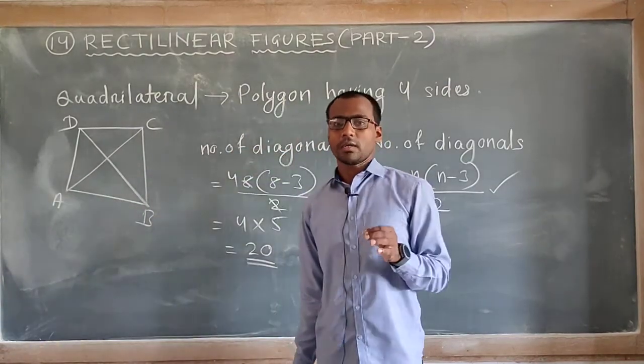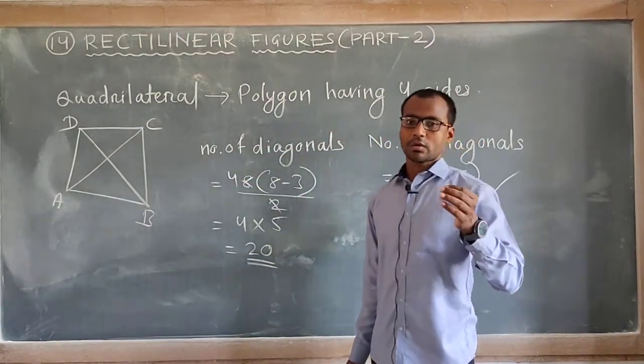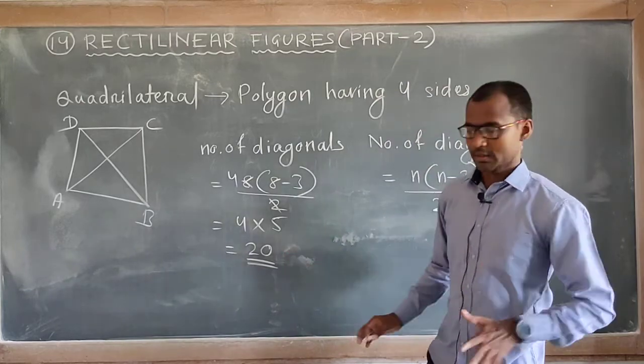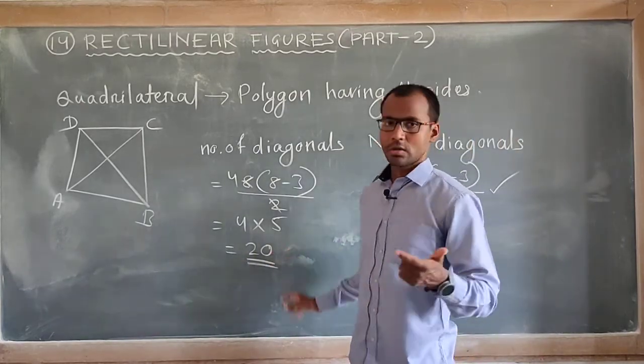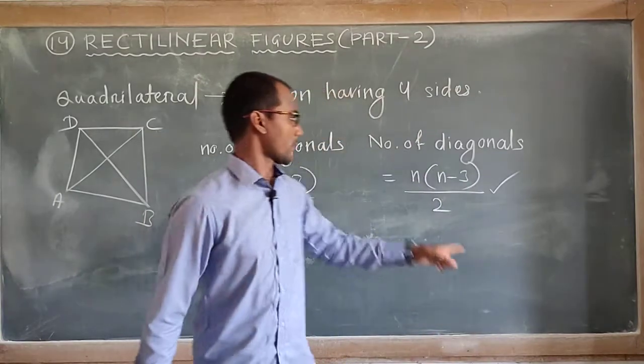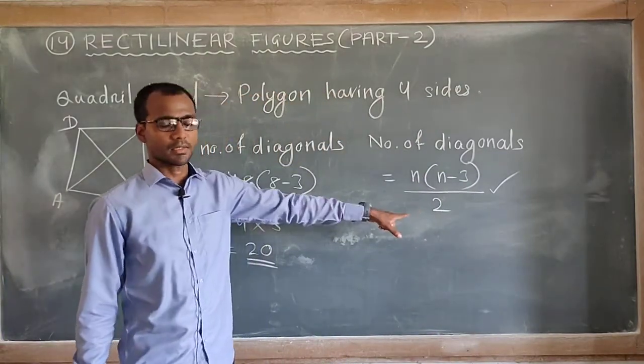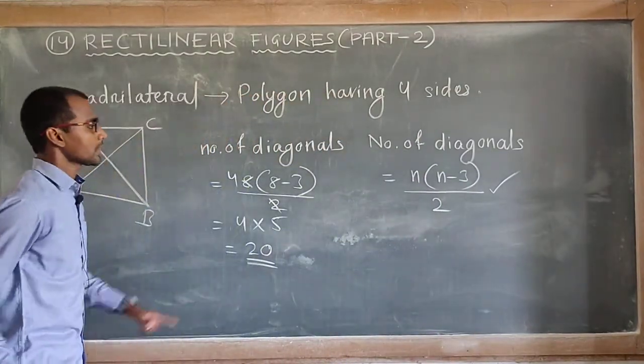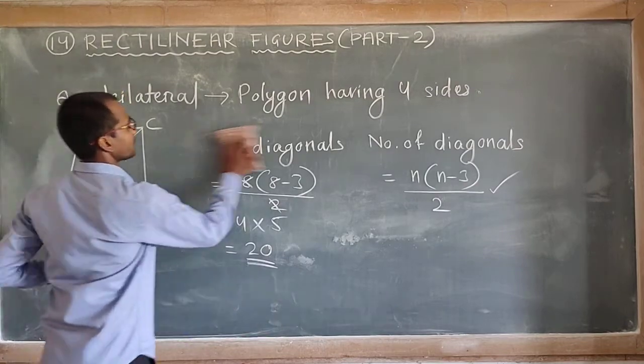So an octagon, 8 sides means octagon, and an octagon will have 20 diagonals. This may come in your Olympiad exam, so I gave this formula to you, but it is not in your class 9 syllabus. So this is the formula for the number of diagonals.